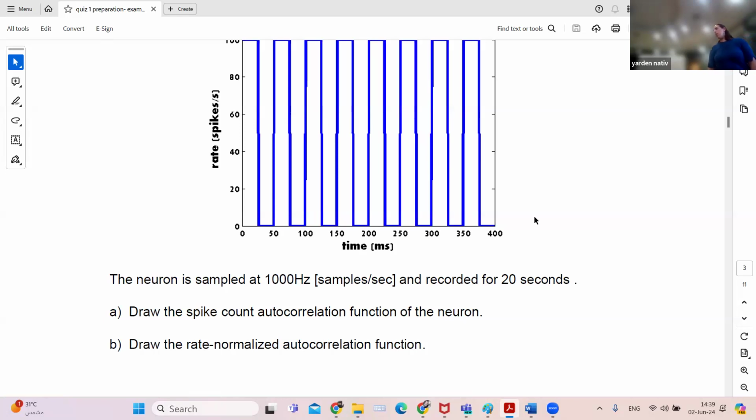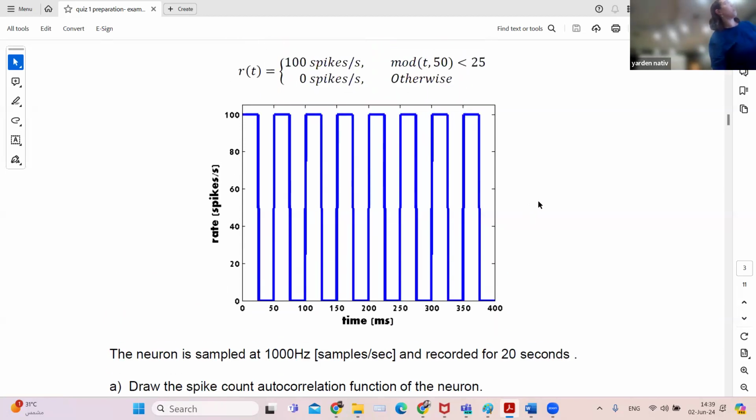But isn't it 0 also on 350? At 350, when you divide it by 50, you don't have any remainder, so the remainder is 0. So 0 is smaller than 25. So at 350 specifically, there is a firing rate of 100.